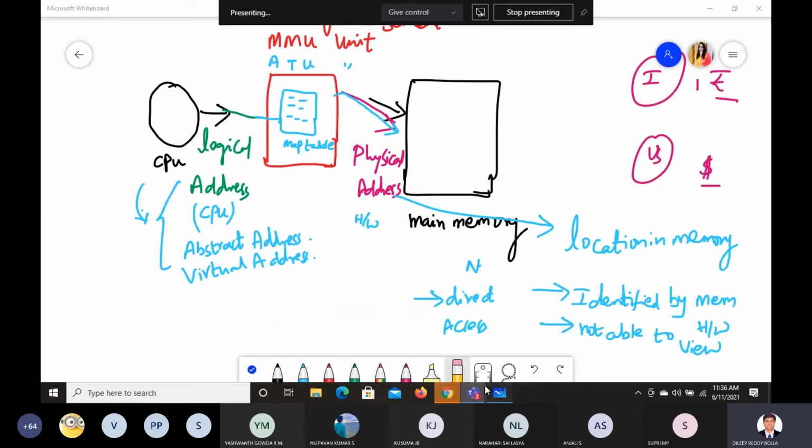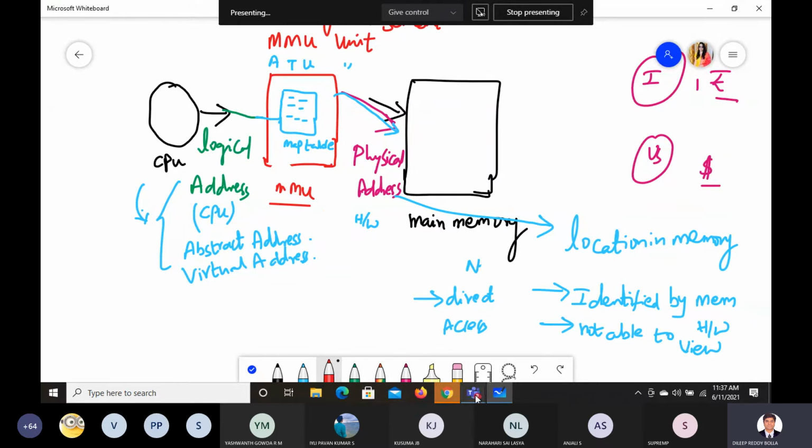So we can see this here. This is your memory management unit, your corresponding MMU.